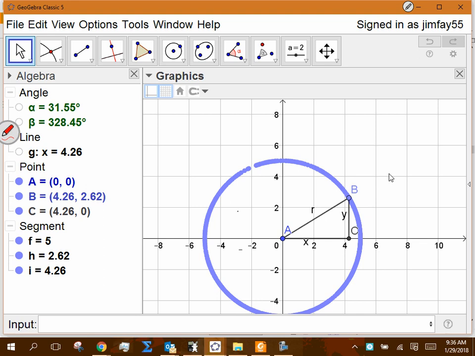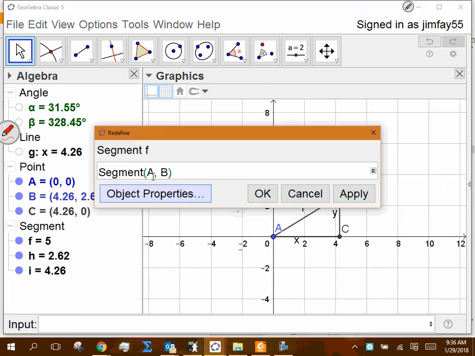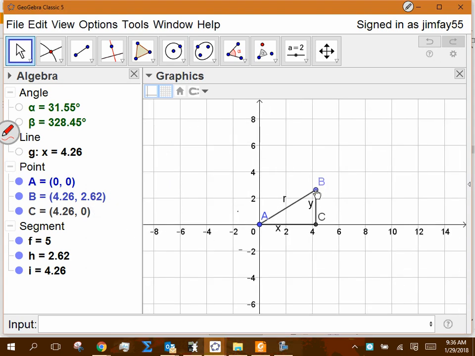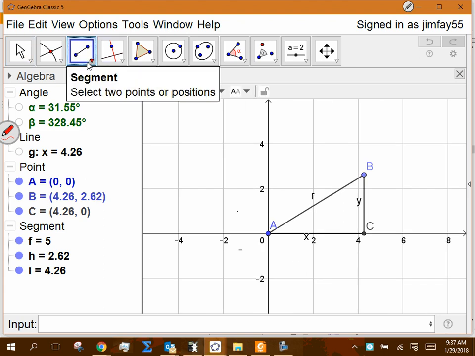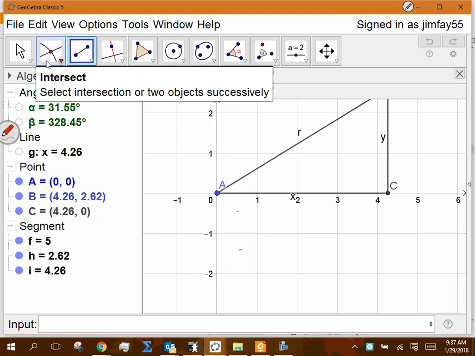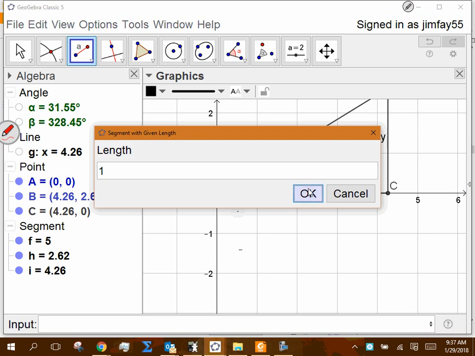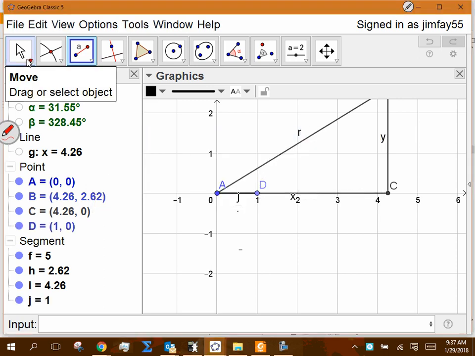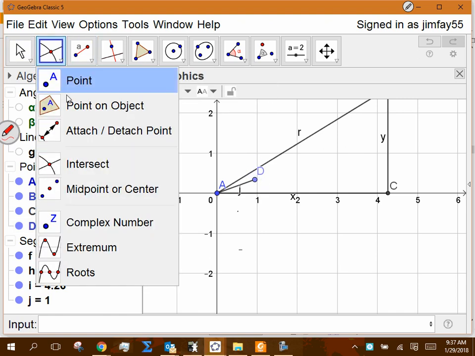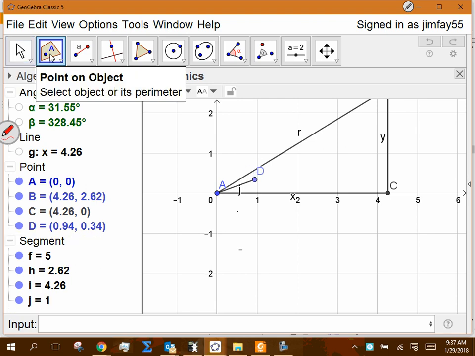Now, eventually, what we're going to want to do is take that R and reduce it. Let's see here. I don't know if I can do that.